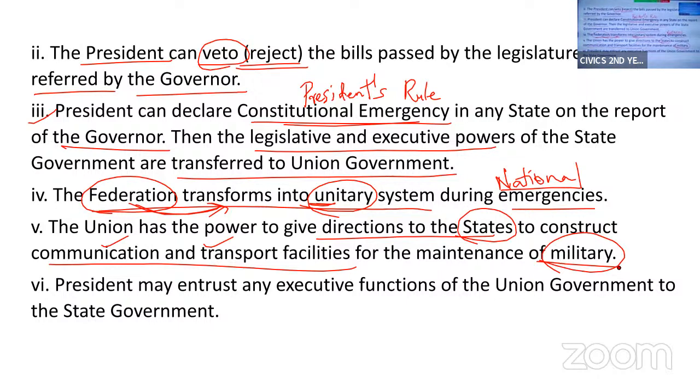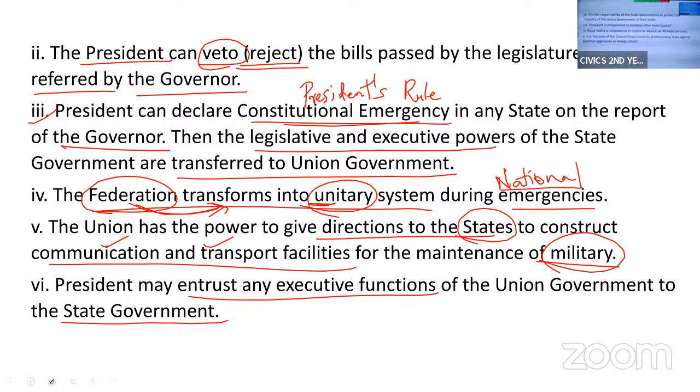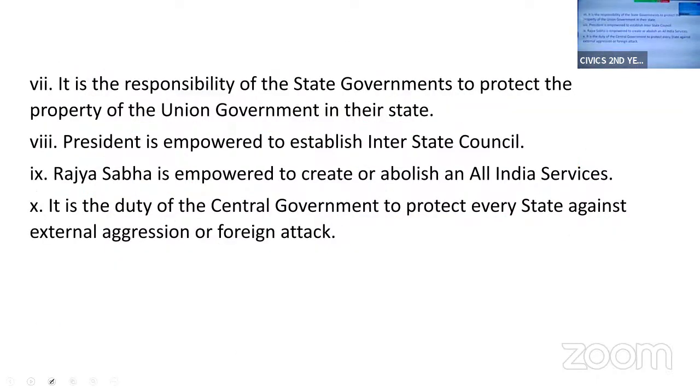Then the president may entrust some of the executive functions of the union government to the state government. If the president wants, he can give some of the executive powers of the central government to the state government. So these are the administrative powers.